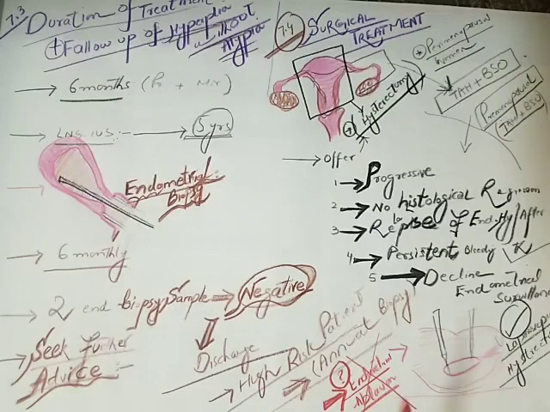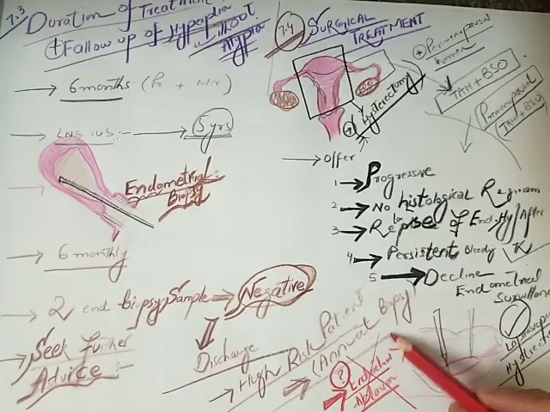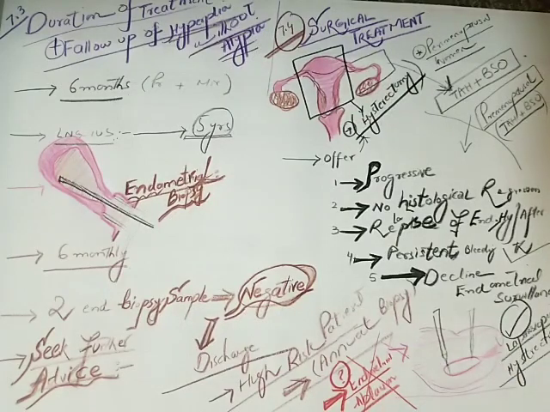First, complete and persistent endometrial destruction cannot be ensured. Secondly, there is a risk of intrauterine adhesion formation, which may preclude future endometrial histological surveillance. So that is the reason that we do not offer endometrial ablation.